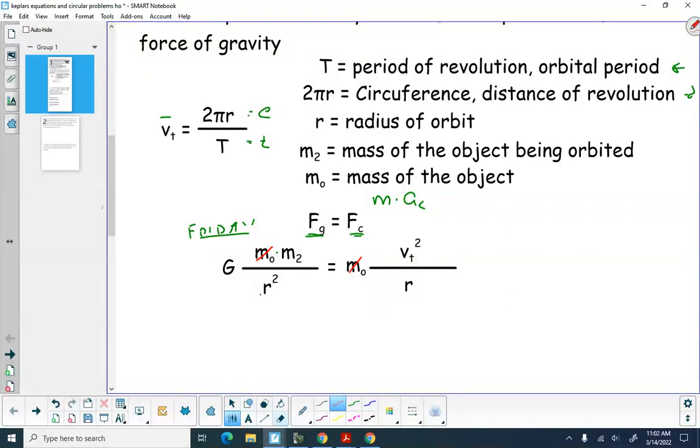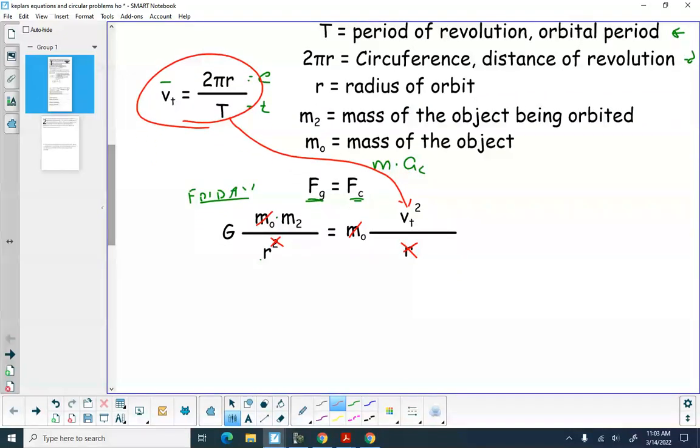We have a radius squared here and one of the radii here, so one of these will cancel out. So we have some cancellation. Substituting in for my tangential velocity.